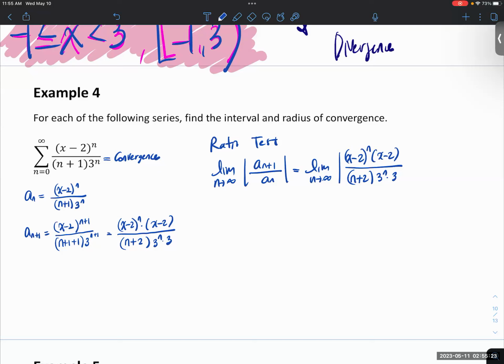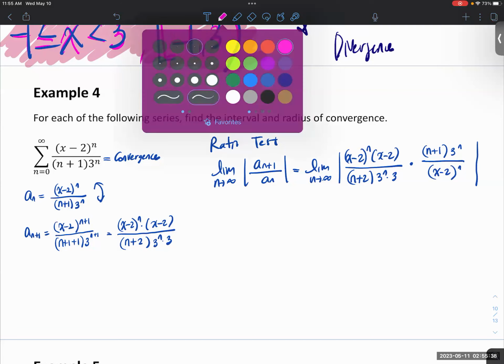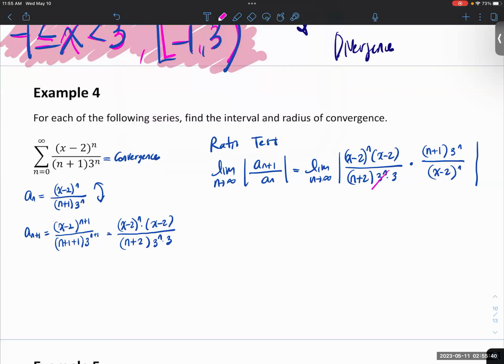This is a_(n+1) times 1 over a_n, so you have to flip over this, top and bottom. Now I see all the cancellation. 3^n and (x minus 2)^n, goodbye.